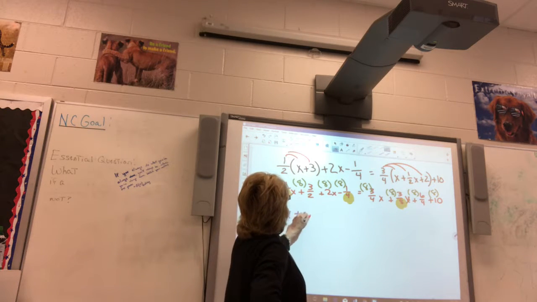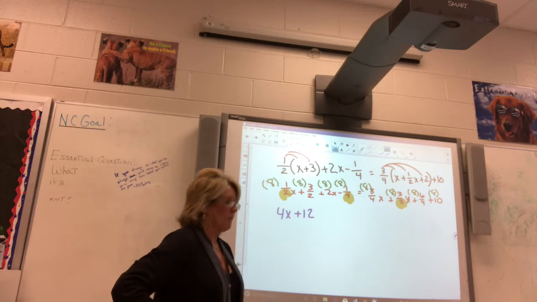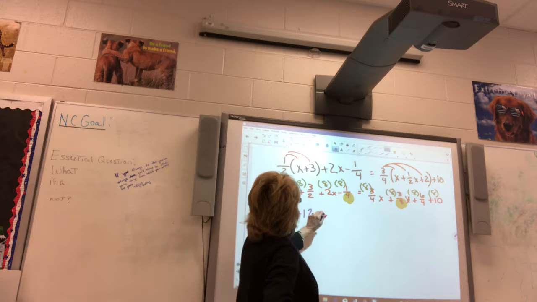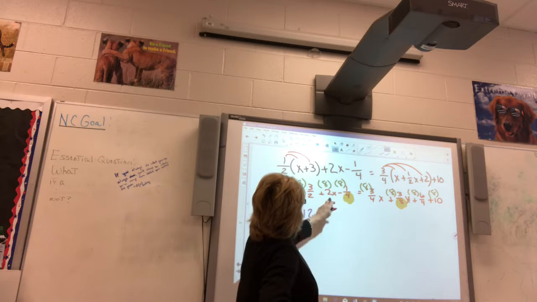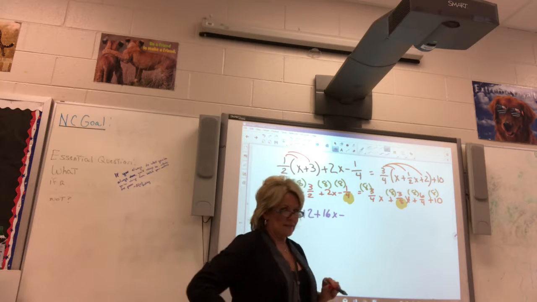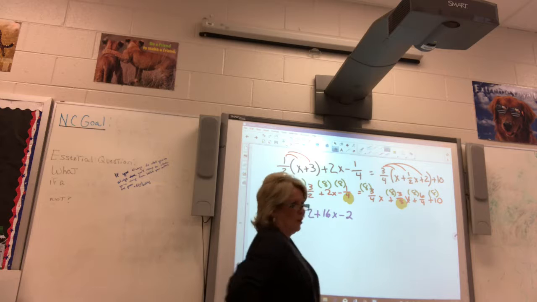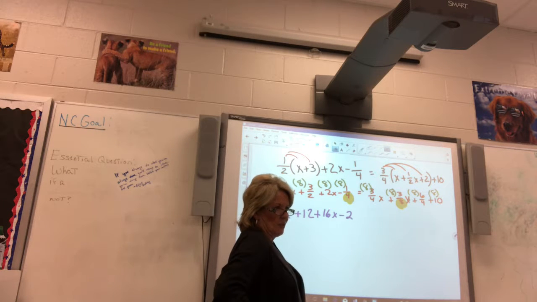So that becomes a plus 12. That fraction's gone. Do you see what I'm doing? So now over here, 8 times 2 is 16x. 8 times 1 is 8, divided by 4 is 2. All those fractions are gone, guys. We just got rid of them.